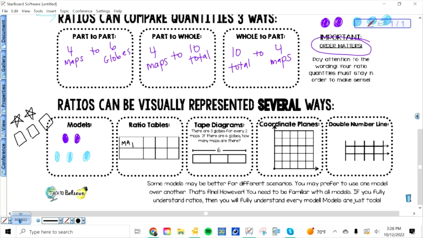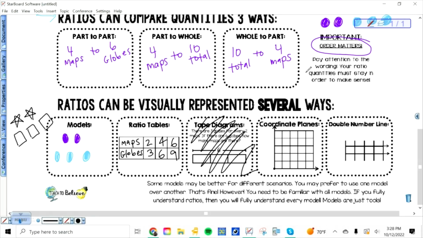Or we can make a table. So I can say maps compared to globes. If I have 2 maps, I have 3 globes. So if I have 4 maps, how many globes do I have? And if I have 6 maps, excellent.